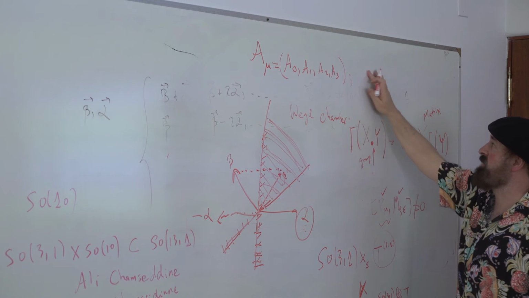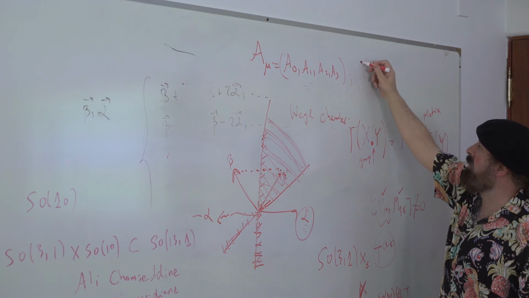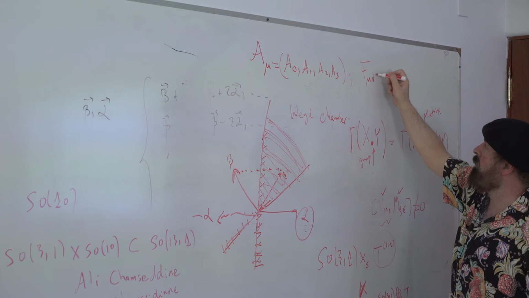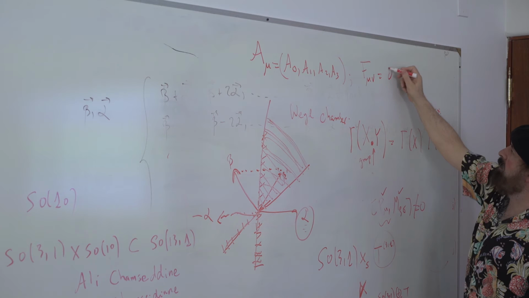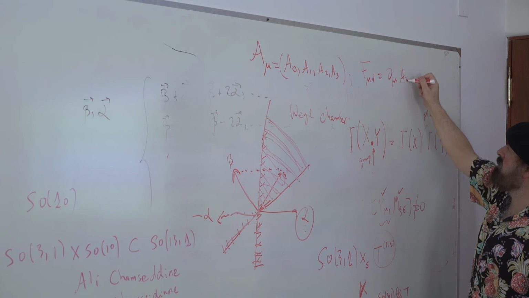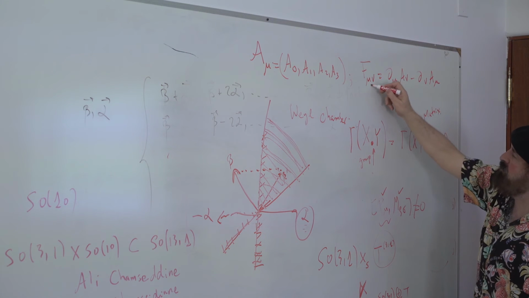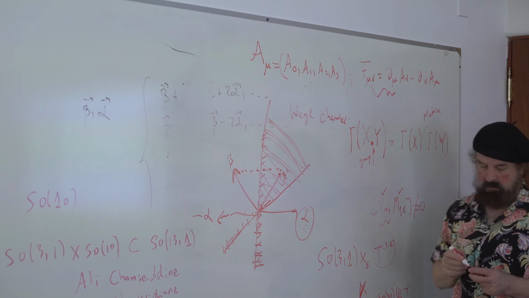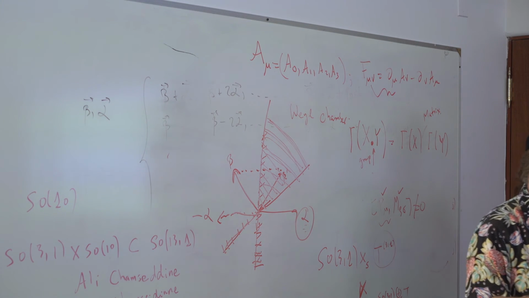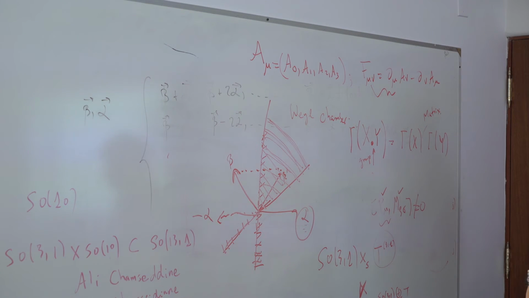Remember, the field strength is the physical object you measure, because A mu is not gauge invariant. The real object which is gauge invariant is the field strength, which is given by this, and then you antisymmetrize. So this object will be like a tensor with 4x4 components.